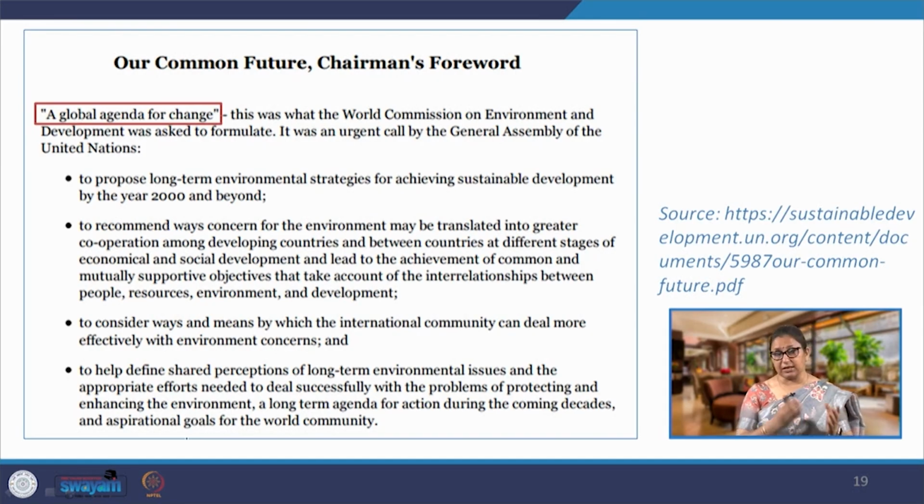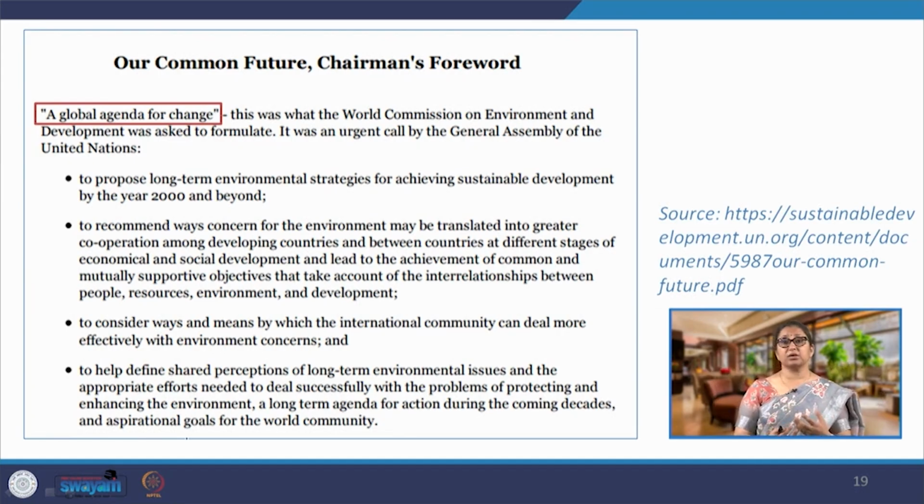So at that time there were some 13 odd years left till 2000, and the report clearly mentioned the long-term environmental strategies. It also recommended ways of addressing environmental concerns, and the idea was to bring everyone together and develop greater cooperation amongst developing countries, developed countries, literally everybody on board.